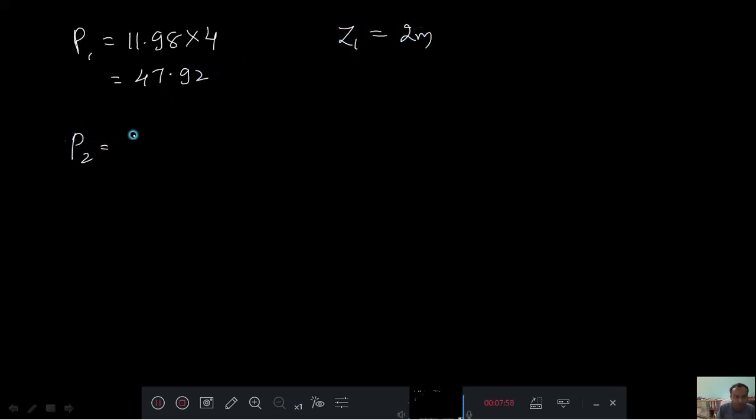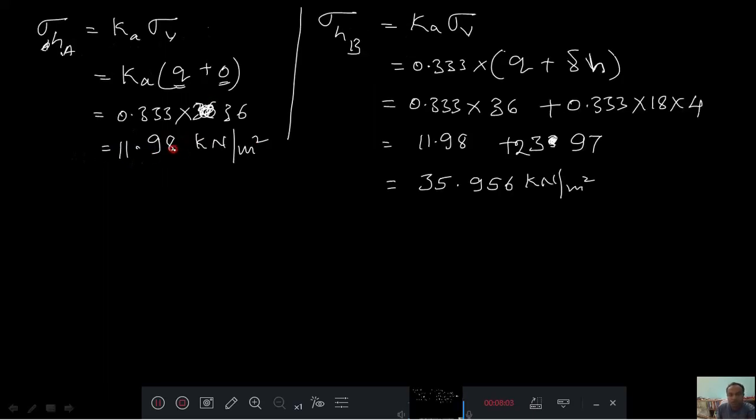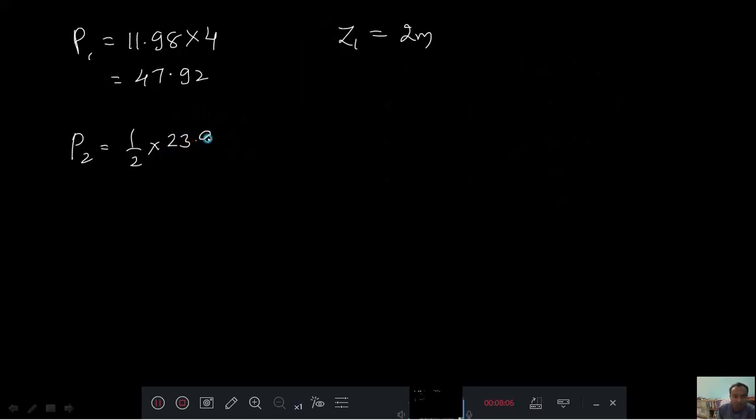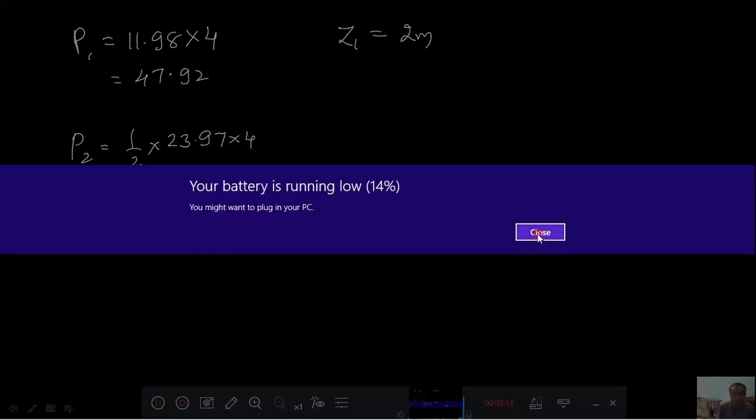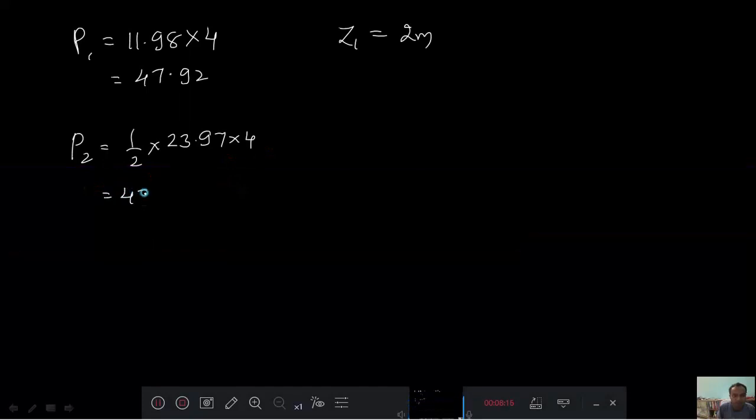And P2, that is half into 23.97 into 4 meter, 23.97 into 2, that is 47.94 kilonewton. This Z2 is 1/3 of height, that is 4 by 3, which is 1.33 meter.